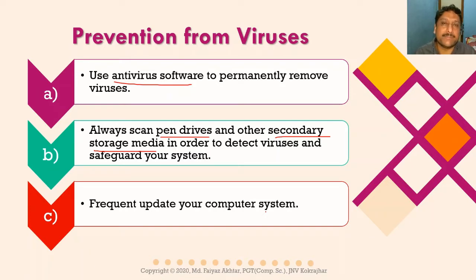We must go to settings, and there you will find an update option, and from that update option you can update each and every file, each and every application, each and every software, and even the operating system, and it will make your computer more secure and more safe from viruses and other types of attacks.